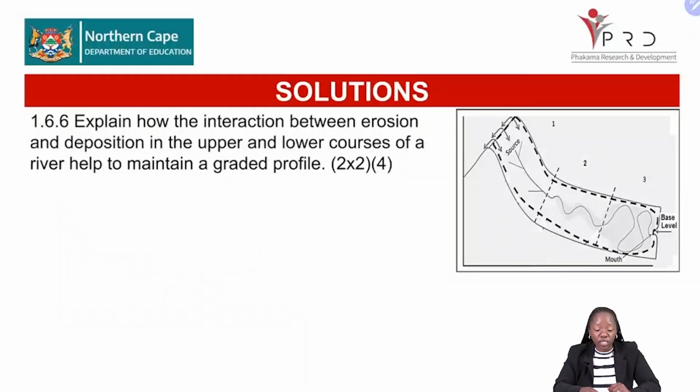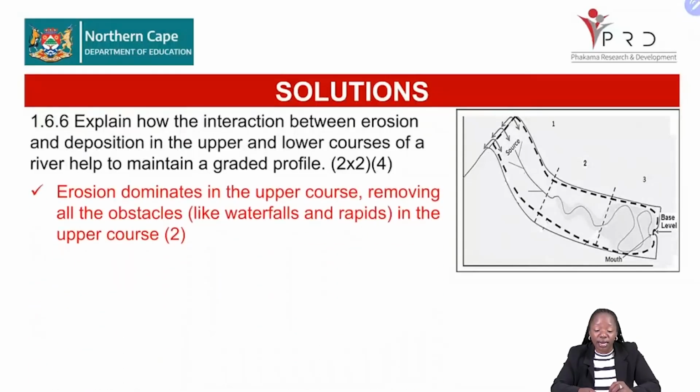Then your 1.6.6, explain how the interaction between erosion and deposition in the upper and the lower courses of the river helps to maintain the graded profile. Number one, the erosion that is dominant in the upper course, removing all the obstacles. Remember the landforms that we find in the upper course, which are your waterfalls as well as your rapids.